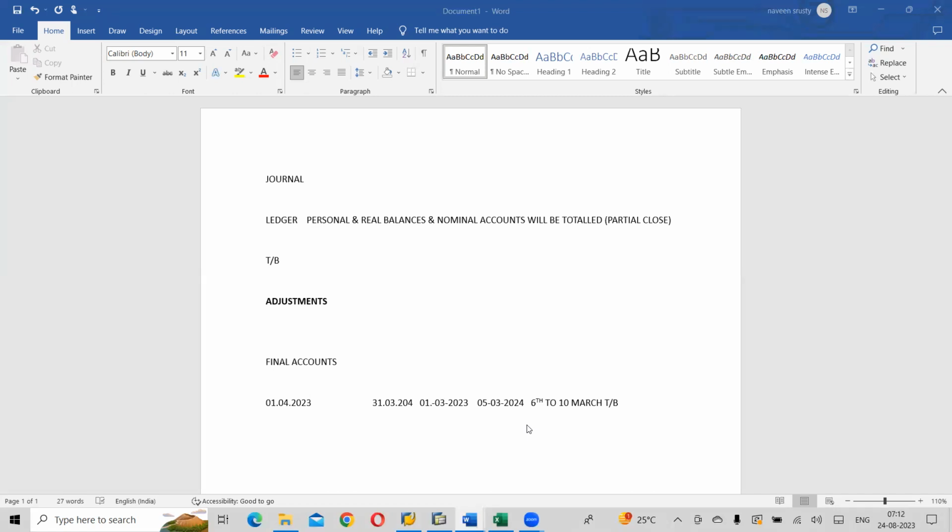So in SAP we can have a minimum of one special period and a maximum of four special periods: the first is the 13th period, second 14th, third 15th, and last the 16th period. Why? To record the adjustment entries.